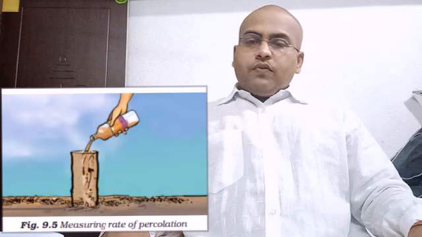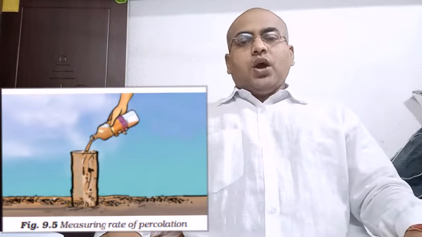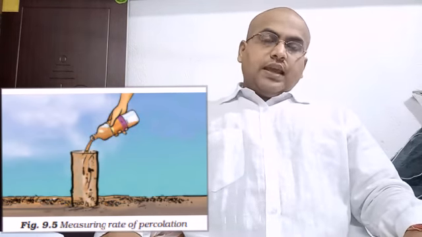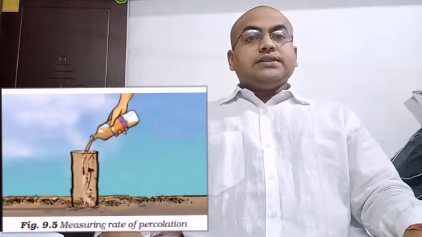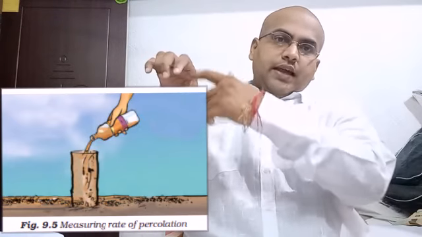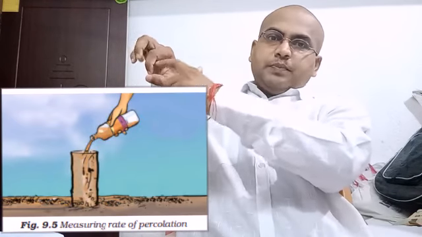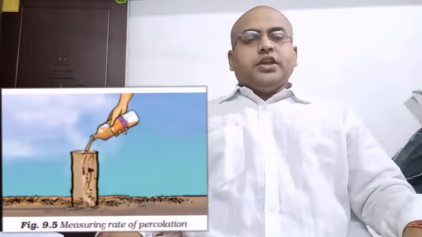To perform this activity, we need to take a hollow cylinder or pipe, and we have to take care that these three pipes have the same diameter. This is called the diameter. Suppose it is a pipe, so this is the diameter. It should be the same in all three pipes.